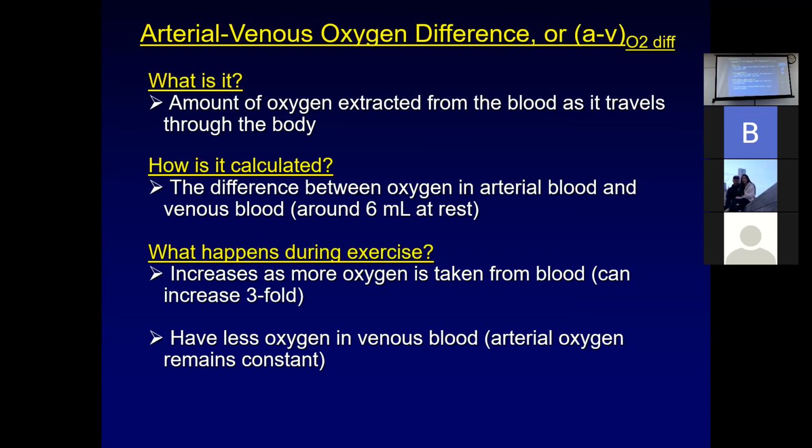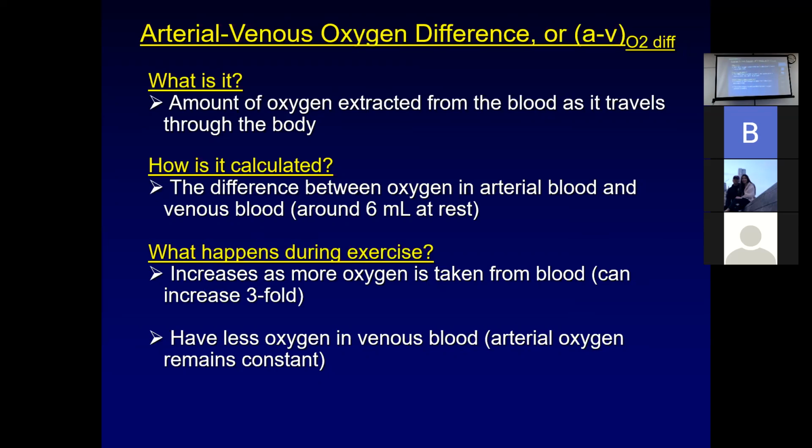It's a parameter that's called arterial venous oxygen difference. Okay? It is very often abbreviated as AVO2 diff. All that this tells us is how much oxygen has left arterial blood at the capillaries and gone into a particular tissue.